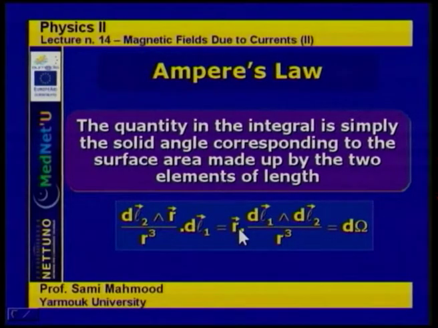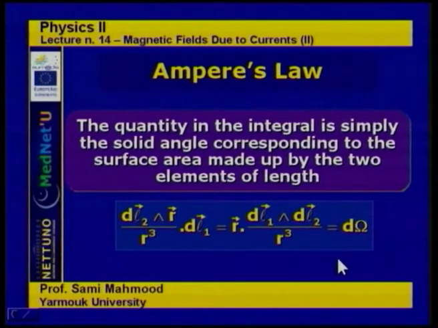It gives us the cosine theta between the normal to this area and the position vector, times r, the position vector, over r cubed. It gives 1 over r squared. So this gives simply the magnitude of dL1 times the magnitude of dL2 times cosine theta over r squared.